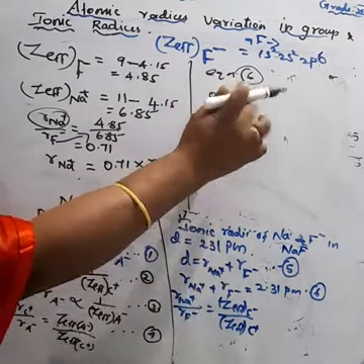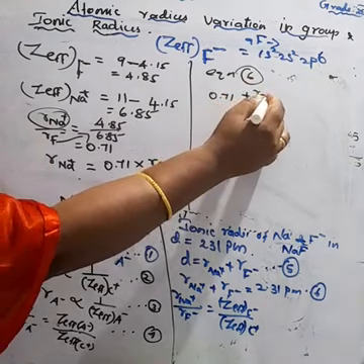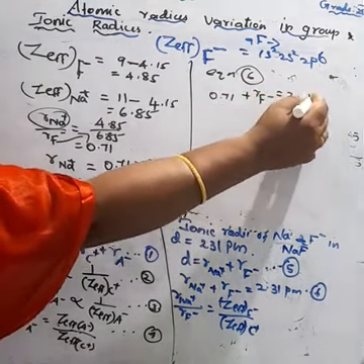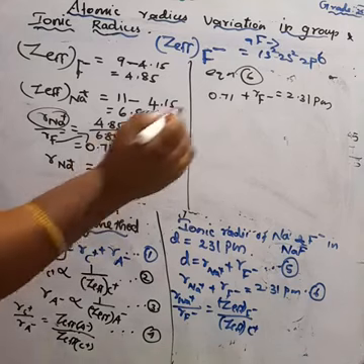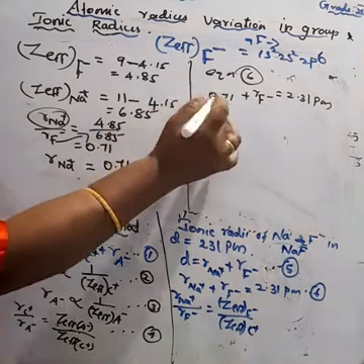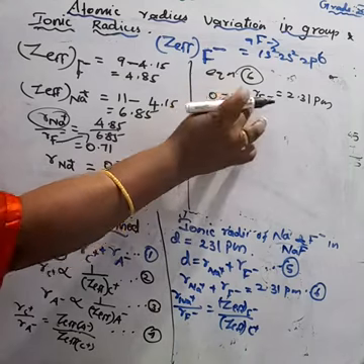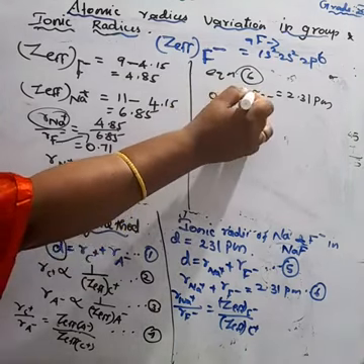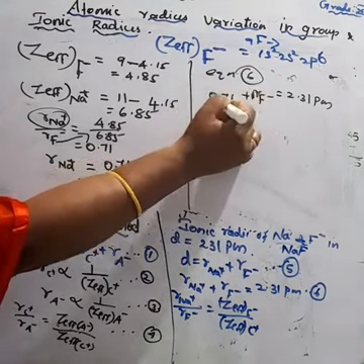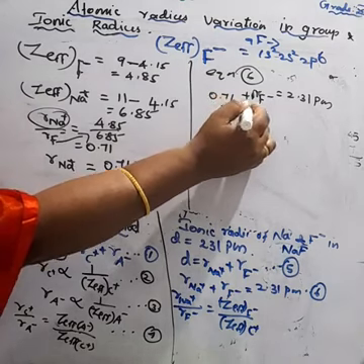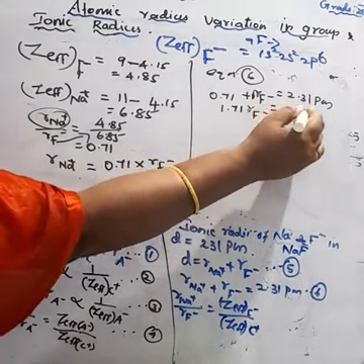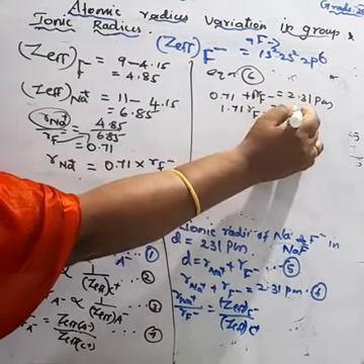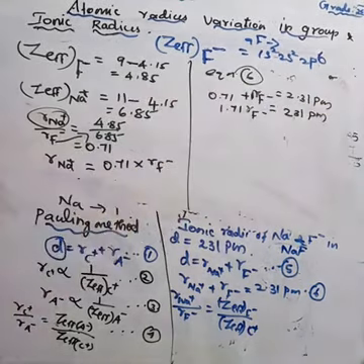Here, R F- means 1 R F-. So we are adding these two values, 0.71 plus 1, which means 1.71 R F-. So it is equal to 231 pm.